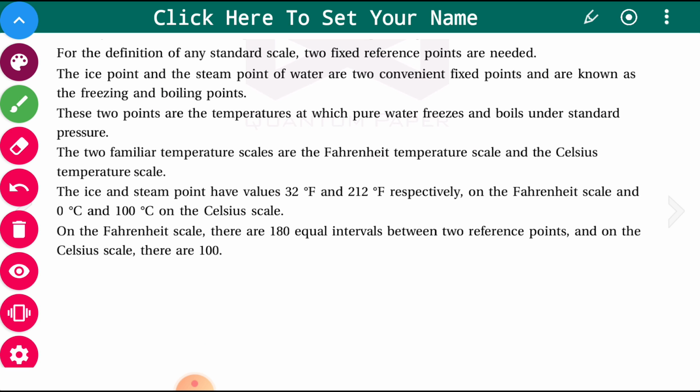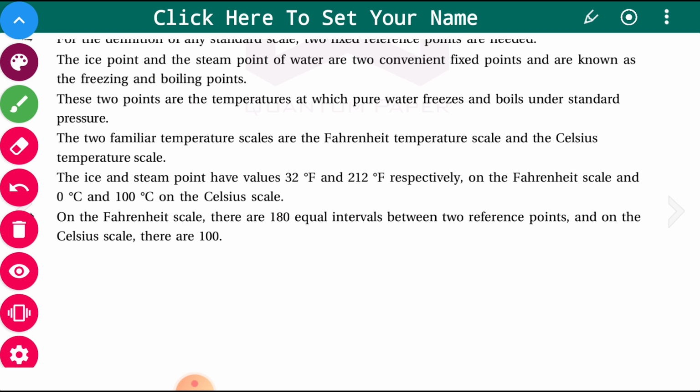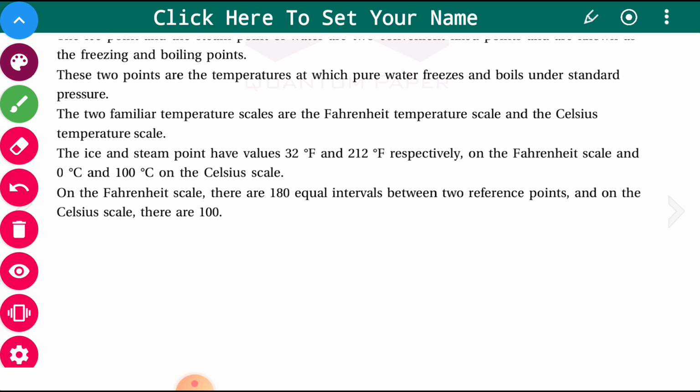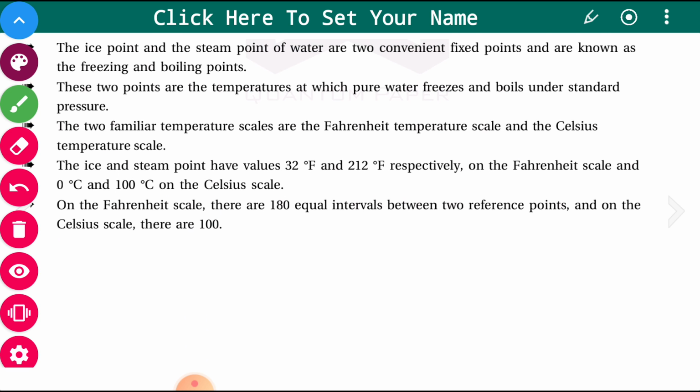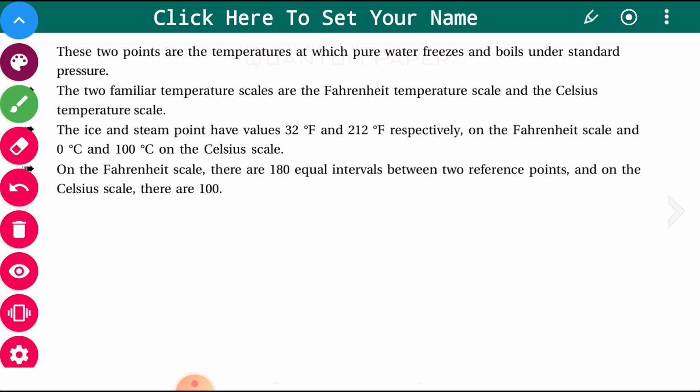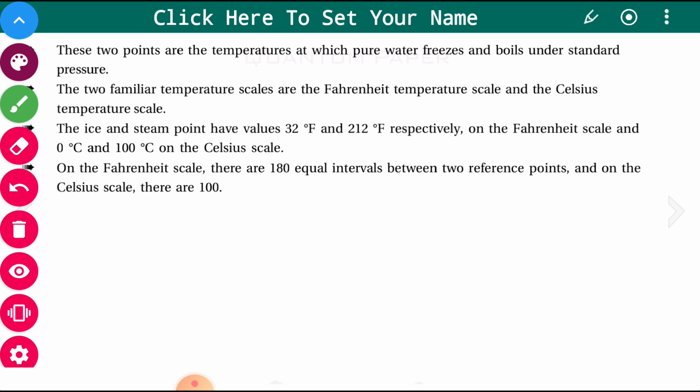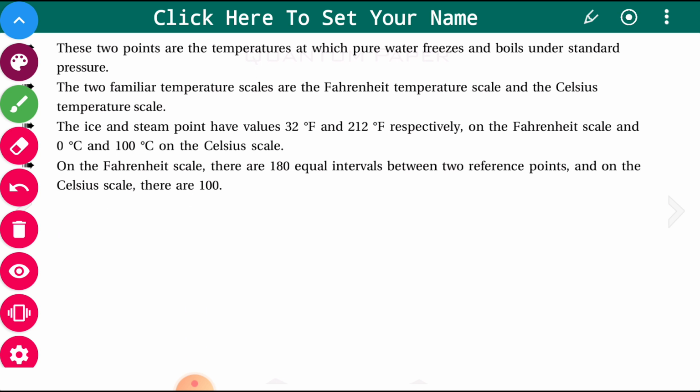The ice point and the steam point of water are taken as fixed points. The ice point is 0 degree Celsius, and 100 degree Celsius is the boiling point of water. These two points are the temperatures at which pure water freezes and boils. At 0 degree it freezes, at 100 degree it boils.